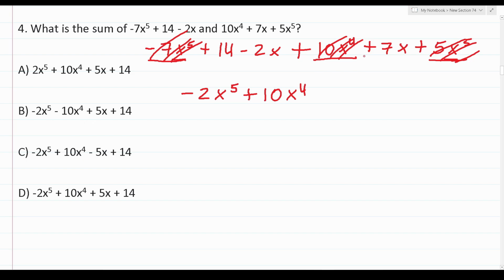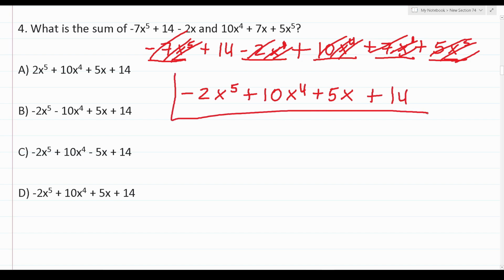All right, there's nothing raised to the 3rd power. There's nothing squared. So we're going to look at things raised to the 1st power, which are right here, 7x and negative 2x. Again, those are like terms. If it's helpful, you can put an imaginary 1 there. And now we can combine them. 7x minus 2x is plus 5x. Let's cross them out. And then finally, we just have plus 14.